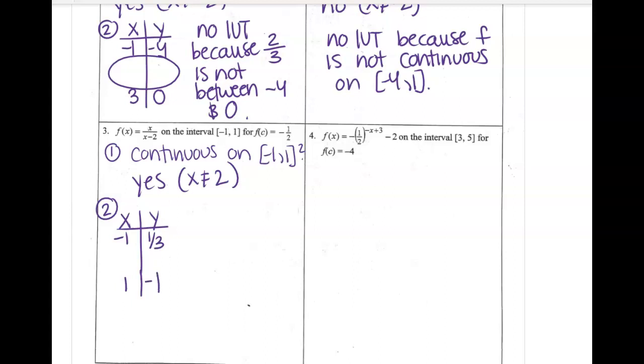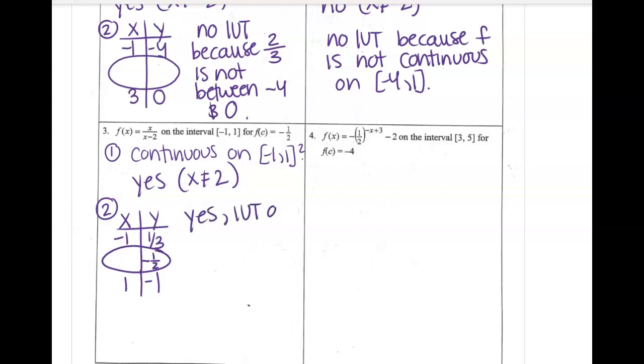And so we're really just looking at if negative 1/2 is between 1/3 and negative 1. And since negative 1/2 falls in between there, we're good, okay? Basically if you travel from a y value of 1/3 to a y value of negative 1, you'll pass negative 1/2.